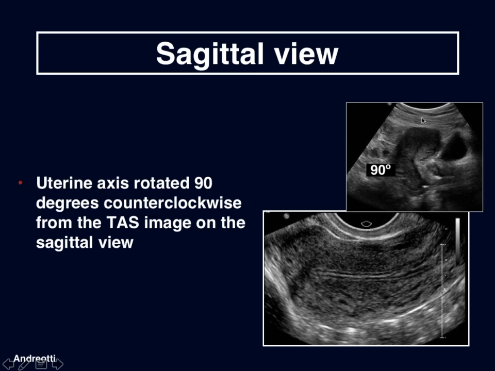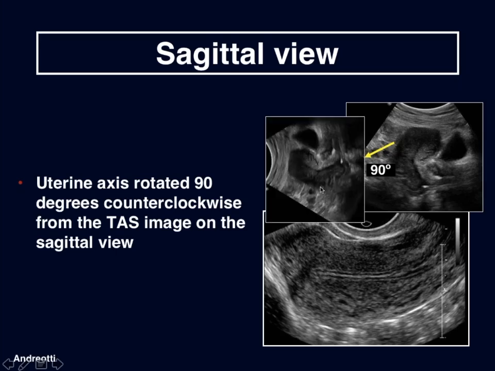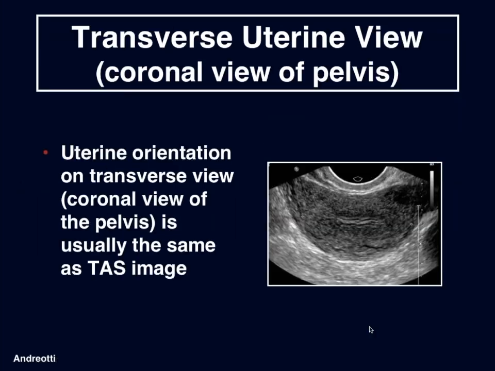So here we would have the transabdominal image, and if we rotate this the way this yellow arrow is pointed, 90 degrees, we would have the position of the uterus that we see on the transvaginal image. But the uterine orientation on the transverse view, which is the coronal view of the pelvis, is usually the same as the transabdominal image, as we can see here.